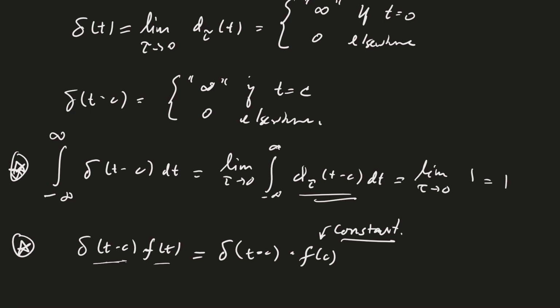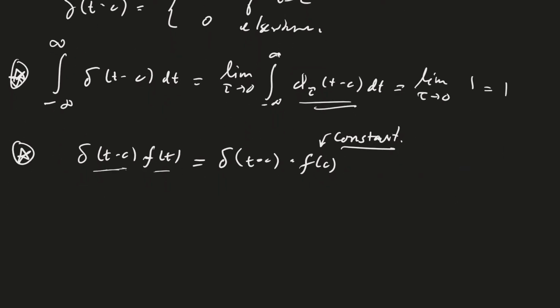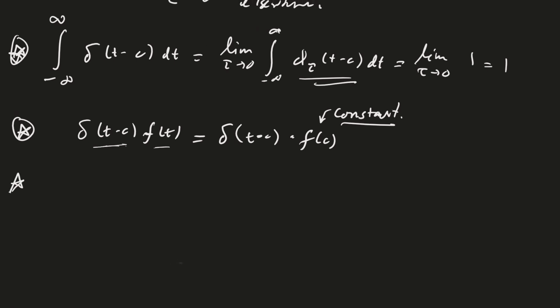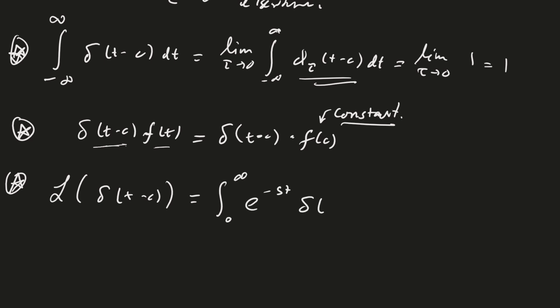Good. Now, the reason I wanted to write that is because we are next going to take the Laplace transform of the Dirac delta function. So that will be the integral from 0 to infinity of e to the minus st times the Dirac delta of t minus c dt. And what did we say about that?